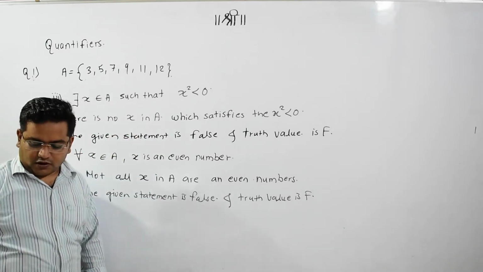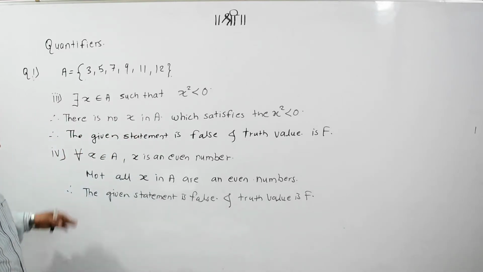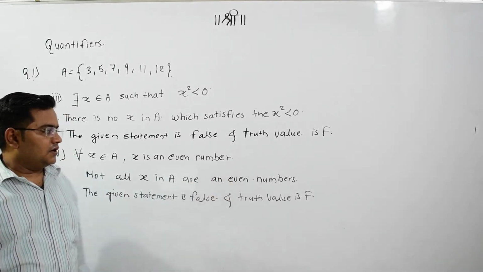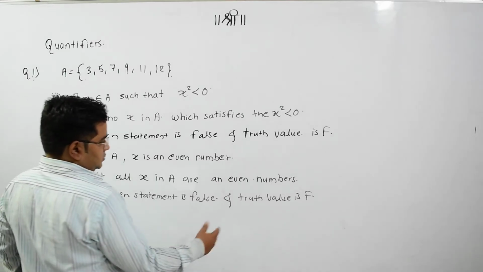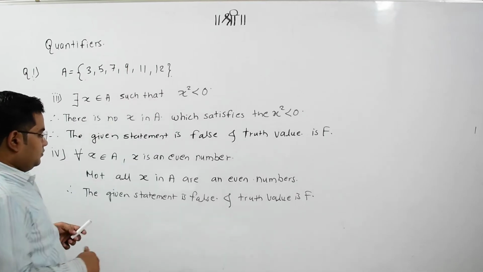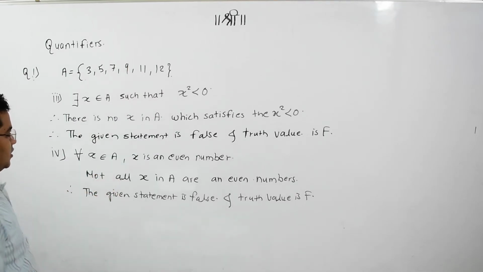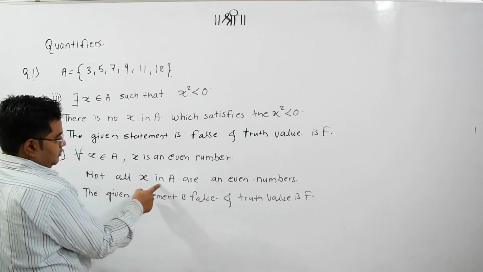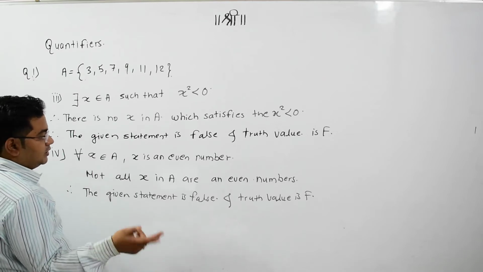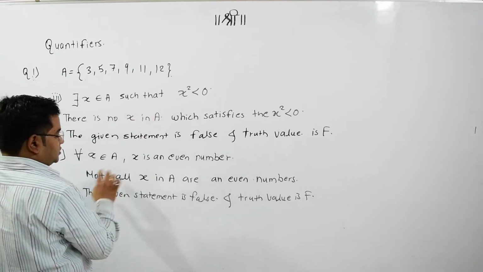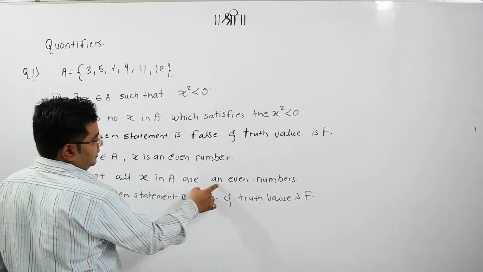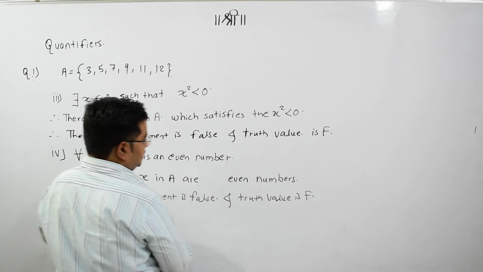So not all x in A are an even number. Only one. Instead of this statement I could have written it like this, only one x in A. But again one means what? We need to define which kind of one we are talking about. So instead I would like to write it like this: not all x in A are an even number.